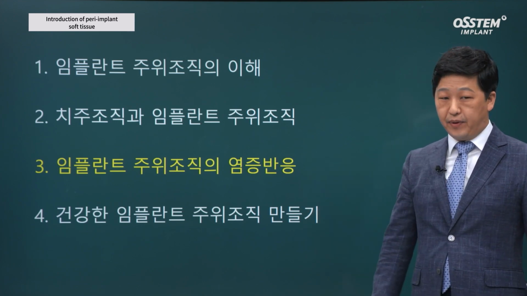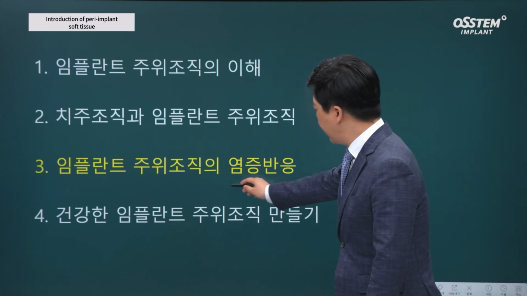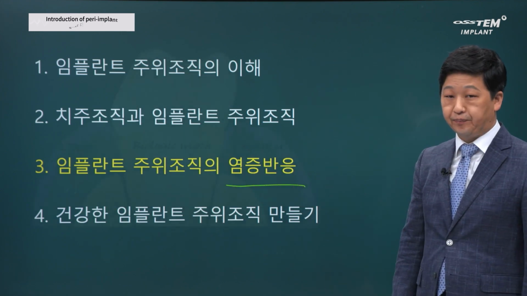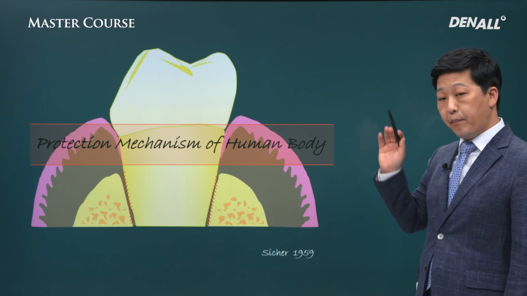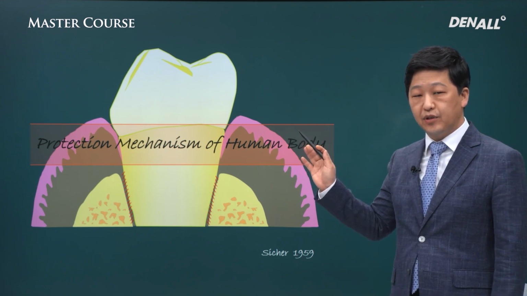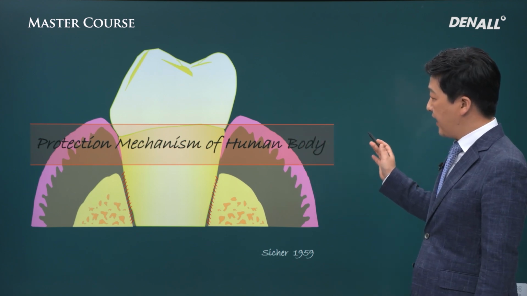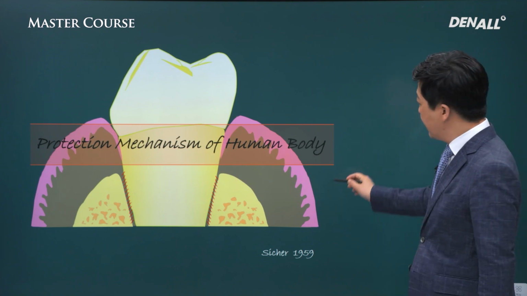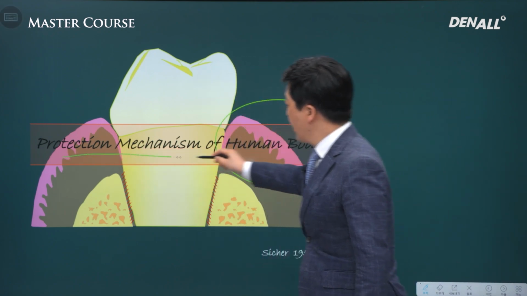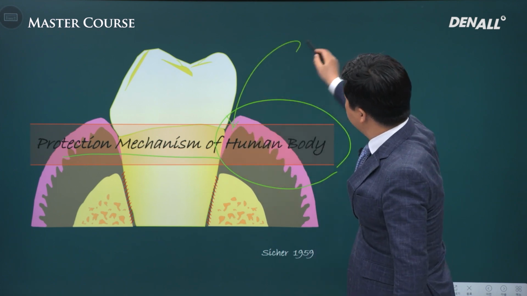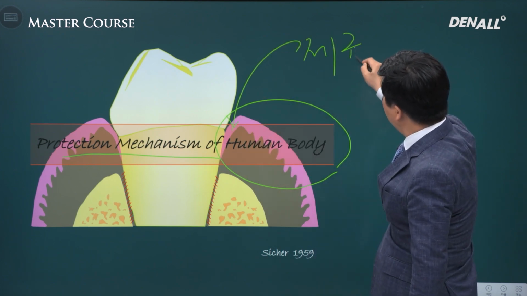Third, inflammatory response of peri-implant tissue. Around natural tooth and around the implant, there's biologic width. The most important role of biologic width is to provide protection from exterior sources like bacteria.